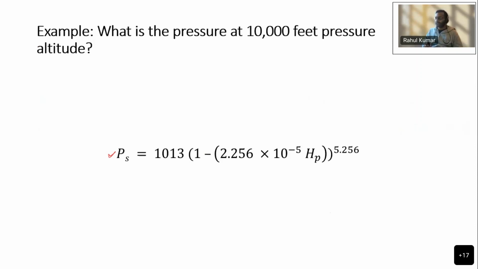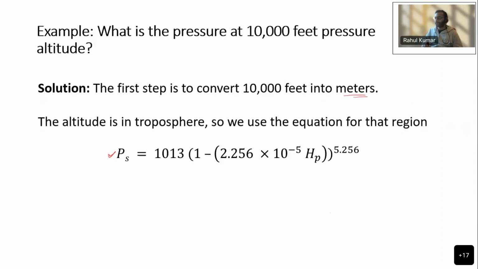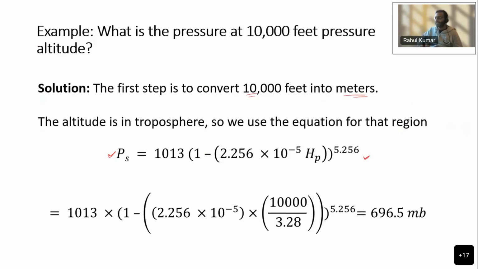The first step is to convert 10,000 feet into meters. Now we already have this equation here. The altitude is in the troposphere, 10,000 feet is in the troposphere, so we can use this equation, and we have already seen the conversion.